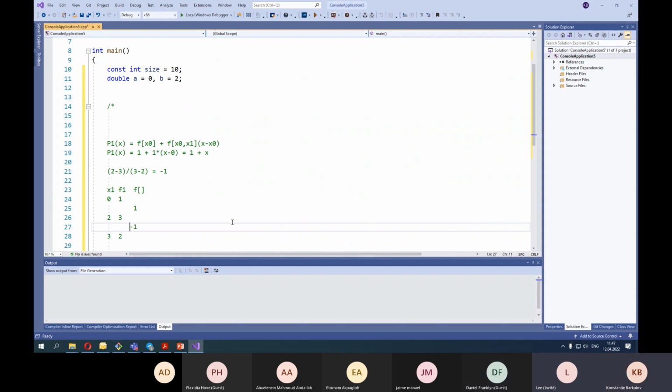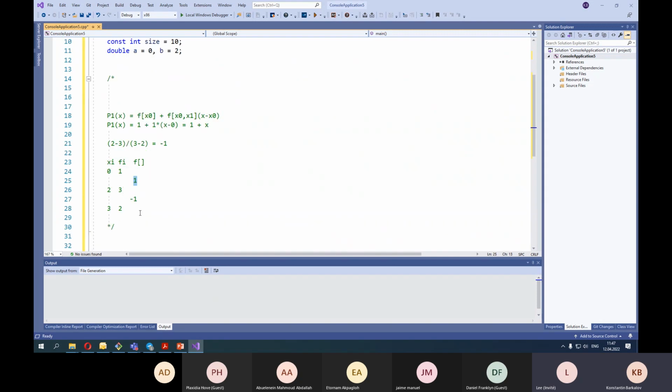Oh, it looks very good. So we take this and this point and compute this divided difference. We take this and this and compute this one. Now let's make a final step.